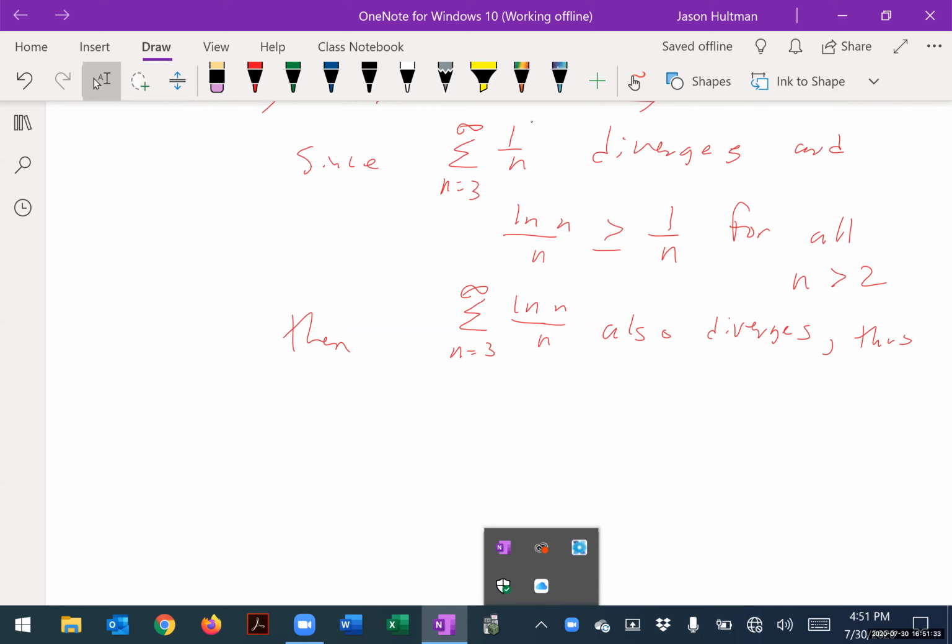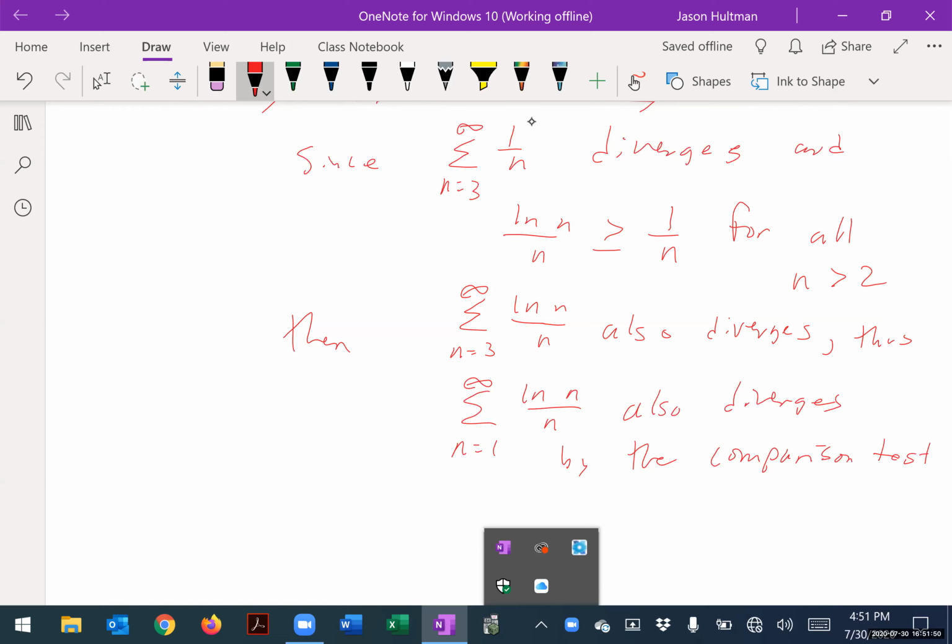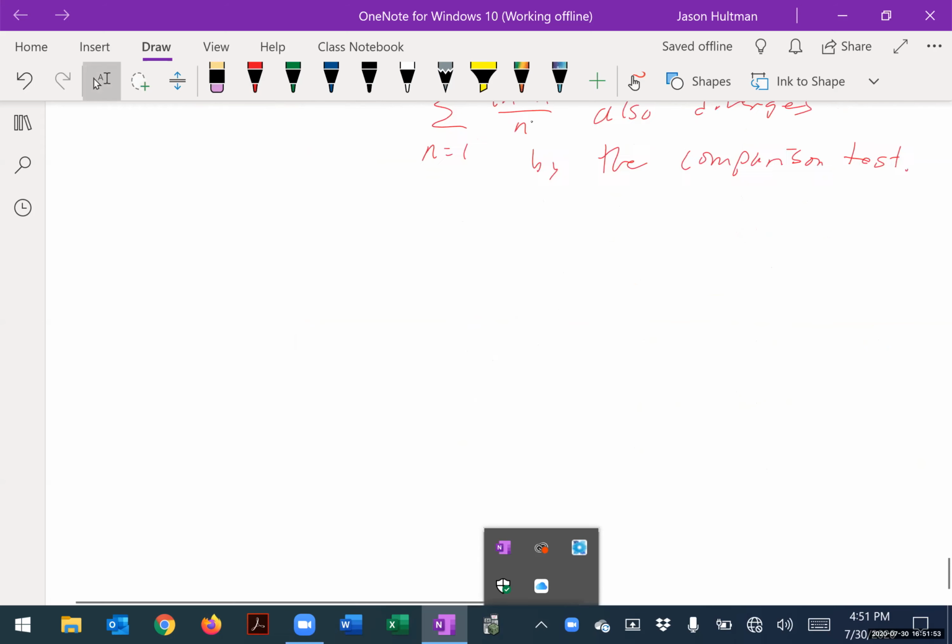So thus the summation of n equals 1 to infinity of natural log n over n also diverges by the comparison test.